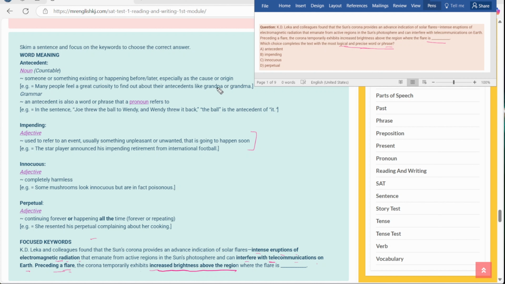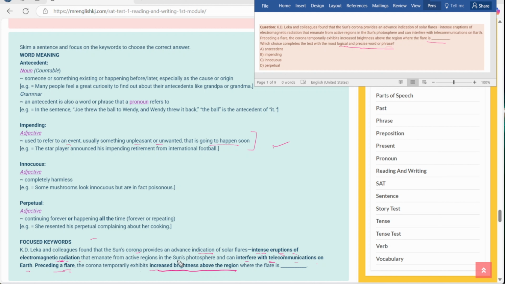So we are talking about origin and cause, but here you can see there is no word describing the origin and cause. We need to find the most precise word, and the most precise will be impending. Why? Because it is telling something unpleasant or unwanted that is going to happen soon. As you can see here, the sun corona provides advance indication by intense eruption of electromagnetic radiation.